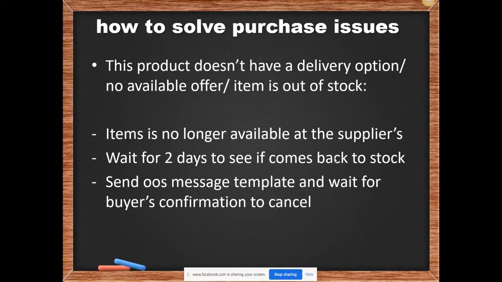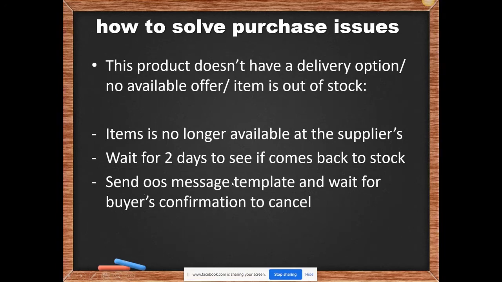If it does, great, because every day I try to push the orders again. Today it could be out of stock, tomorrow it could be back in stock, and problem solved. But if it's not back in stock after 2 days, then I send the out of stock message template.